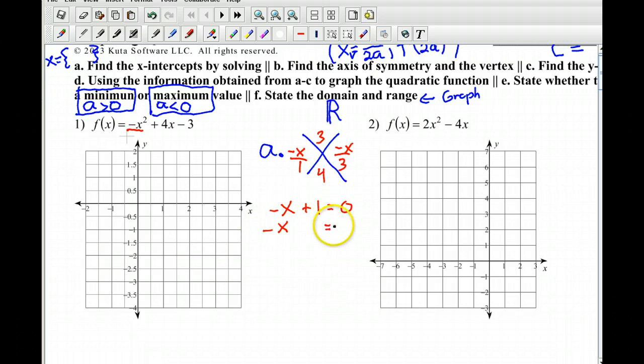Negative x equals -1 by subtracting 1 on both sides, and then divide or multiply both sides by negative. First, x-intercept. Second, we'll have, no, sorry, negative x plus 3 is 0.